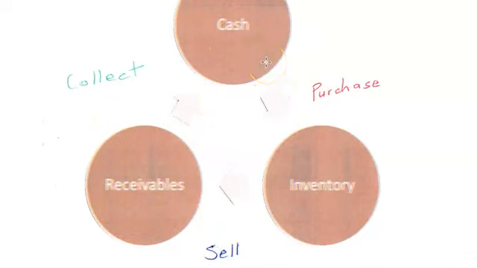If you're a service business and you don't have anything to sell other than your service, your expertise, like a doctor, lawyer, or architect, you don't have to worry about the inventory, but you do have to start with cash. You do have to pay some expenses. You have to go out and sell, collect that receivable, and get your cash again. But most businesses have merchandise inventory to sell, so they've got to go through this cycle.